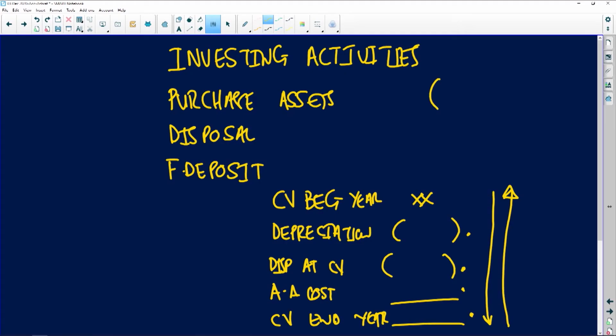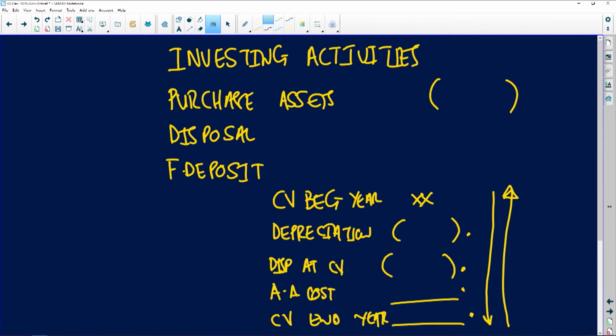Right? So that will then give you your purchase of fixed assets, which will be in a bracket, all right? Obviously, because cash was utilized to buy the tangible asset. Your disposal will be a positive because you sold it, you generated cash.